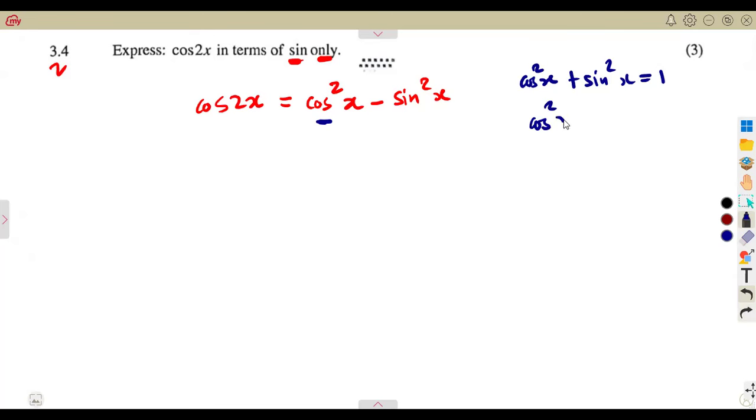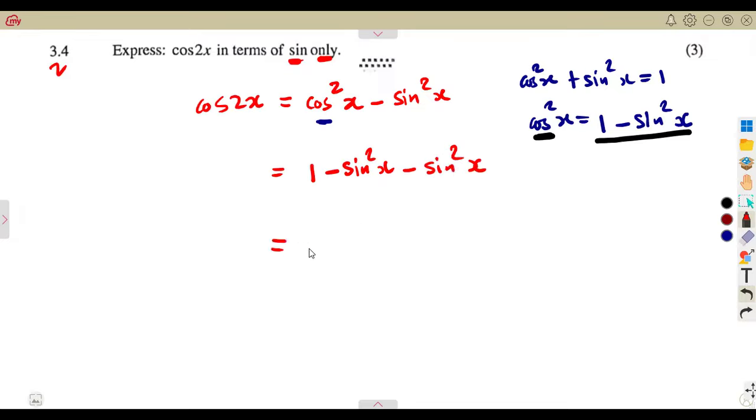So cos squared x is equal to 1 minus sine squared x. Wherever I have a cos squared, I am going to write it as 1 minus sine squared. So this will be 1 minus sine squared x, subtracting the sine squared x already in the formula.